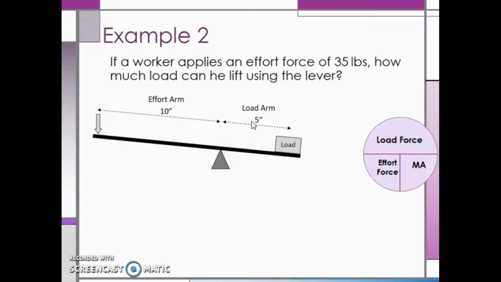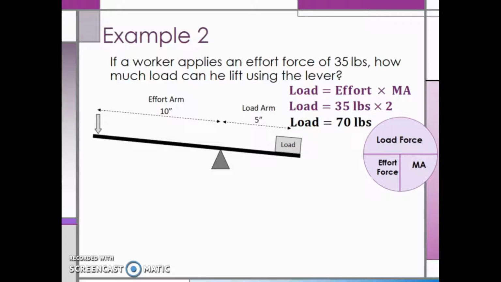Now, to find the load, we can use the equation circle that we saw on the last slide. So load force is equal to our effort force multiplied by mechanical advantage. We are told the effort force is 35 pounds and the mechanical advantage is 2. Multiplying, we see that the load that can be lifted is 70 pounds.